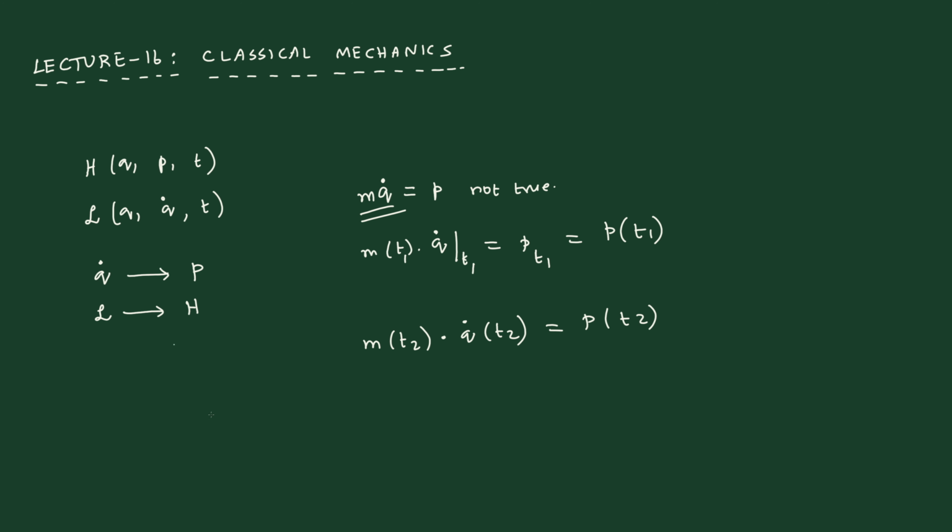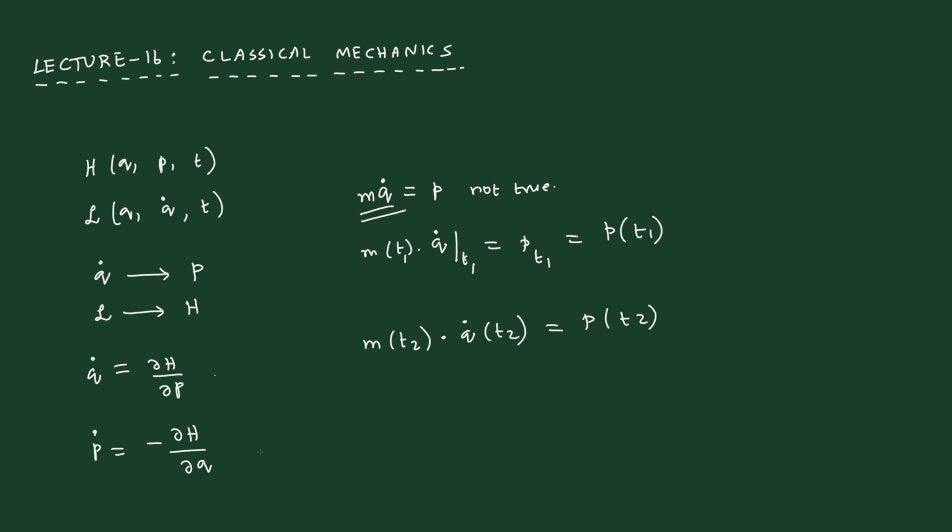So because of this transformation, we have obtained a set of equations, known as Hamilton's equations of motion. They are given by the time derivative of q: the evolution of q is equal to ∂H/∂p, and then p dot is equal to the negative of the partial derivative of the Hamiltonian with respect to q.